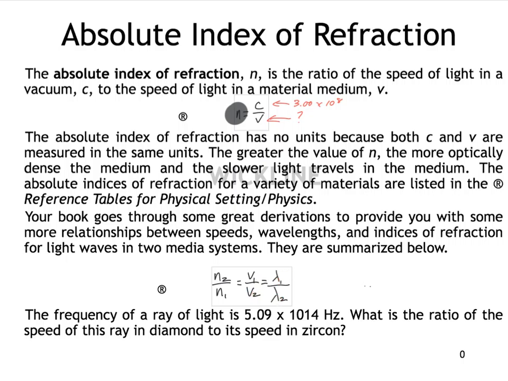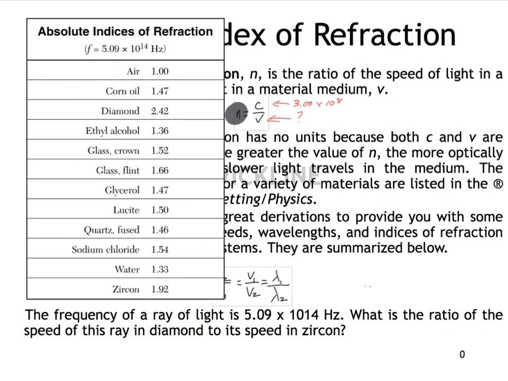That may be confusing, so let's put all this to use. The frequency of a ray of light is 5.09 by 10 to the 14th hertz. What's the ratio of the speed of this ray in diamond to its speed in zircon? So this is the portion of the reference table that you need, the indices of refraction. And this 5.09 by 10 to the 14th hertz just means that you're allowed to use this reference table. Now we need to do the ratio of the speed of this ray in diamond to its speed in zircon, just a ratio.